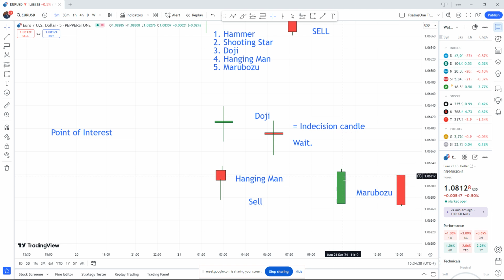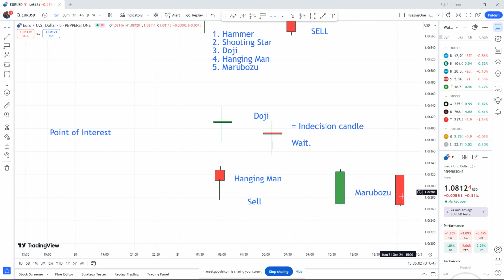You should understand that because buyers took the price up, but they couldn't sustain it. So when you see it at a resistance level, in your diagonal range or anything, you're already expecting that price will fall at this level.